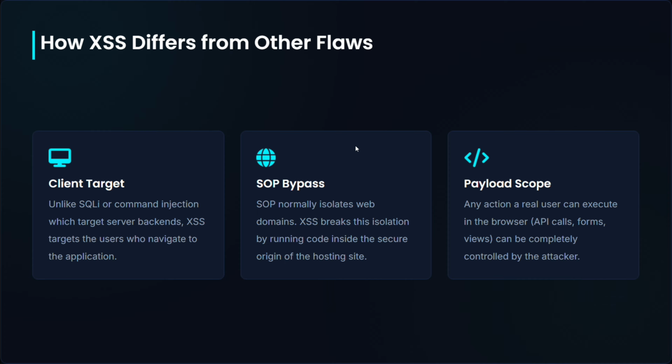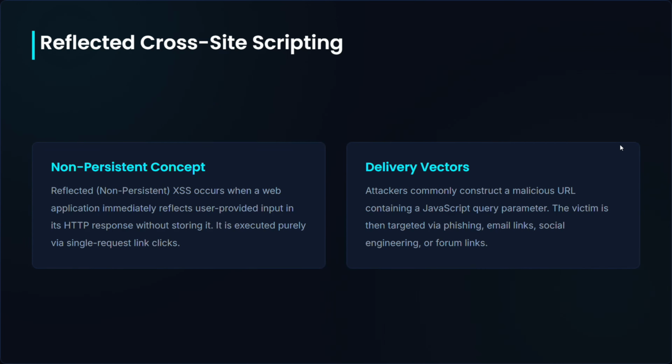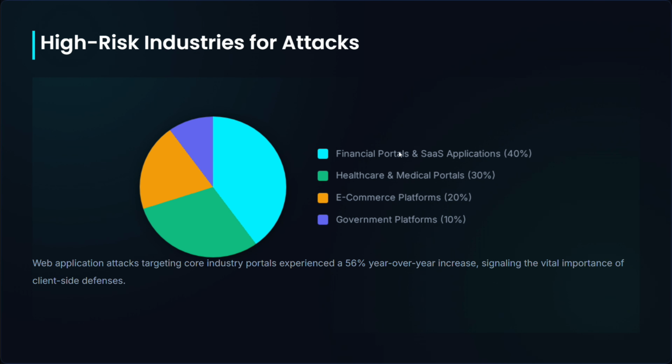I would like to tell you which domains the most XSS flaws come from. The more XSS attacks can be found in financial portals, SaaS-based applications, healthcare and medical portals, and also e-commerce and government platforms. Here are the more chances of getting XSS.